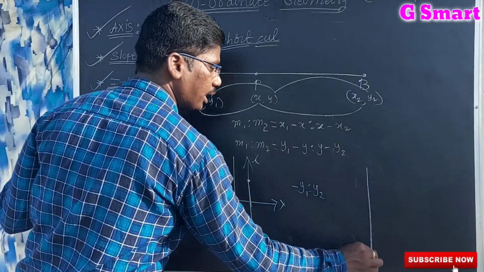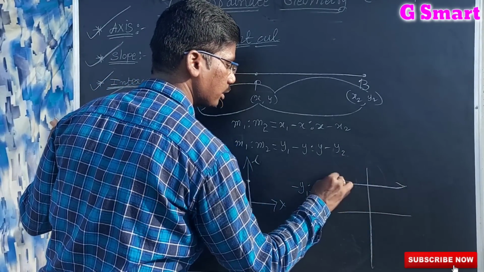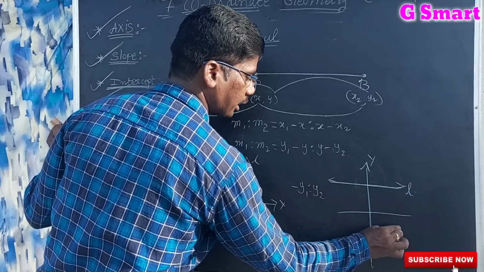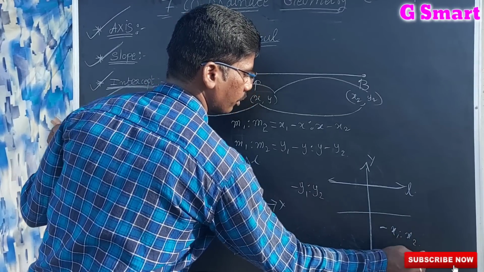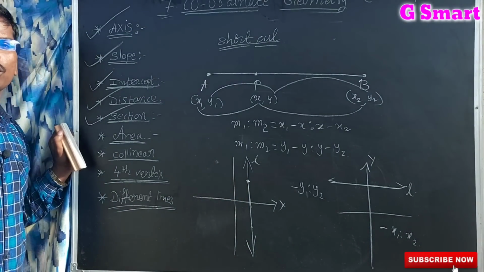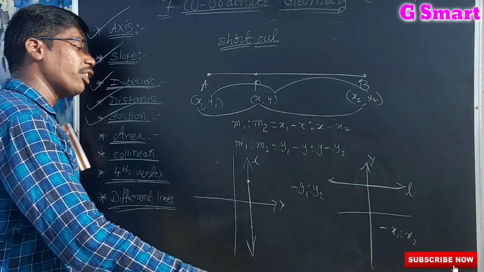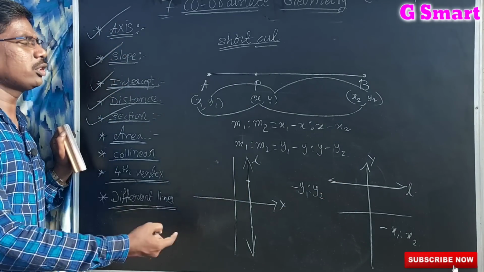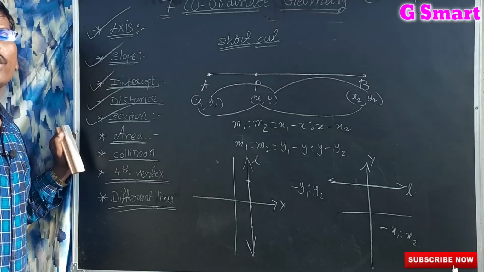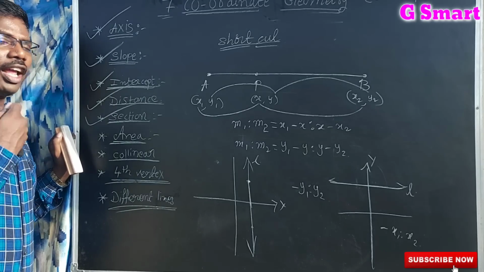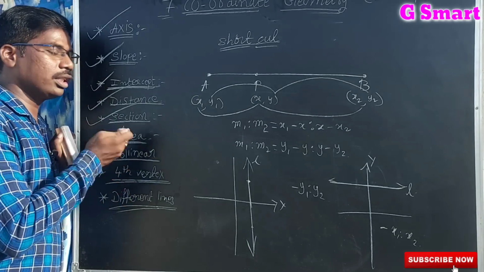If the same line is divided by the y-axis, then minus x1 is to x2. So these are the three important shortcuts in the section formula. We need not write m1 x2 plus m2 x1 in the competitive exam. That is the formula, and these are the shortcuts.